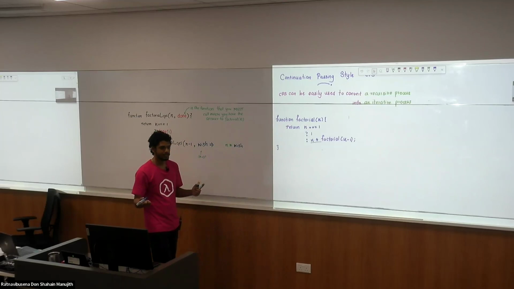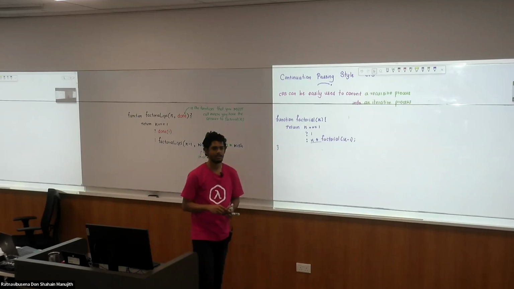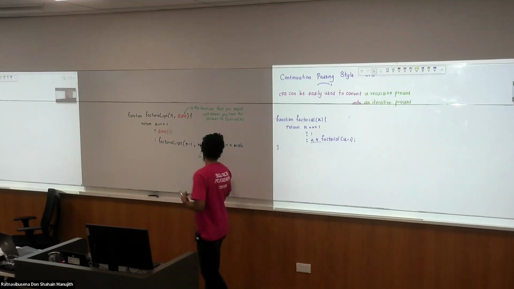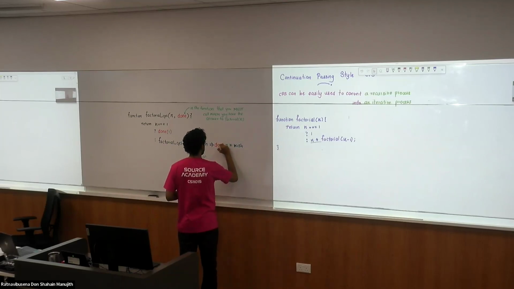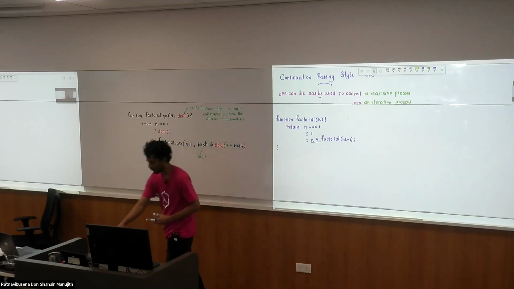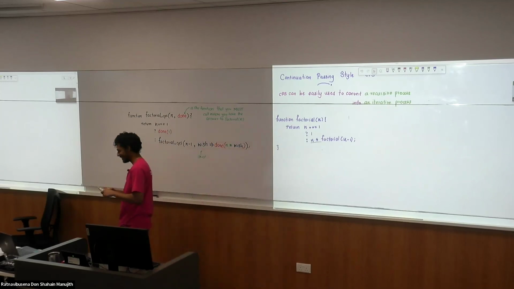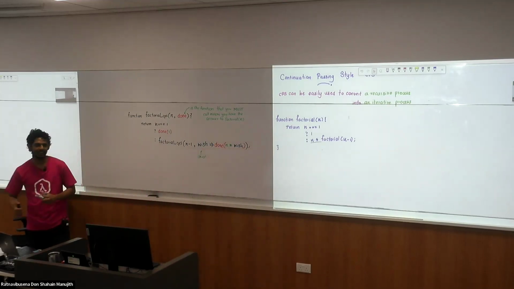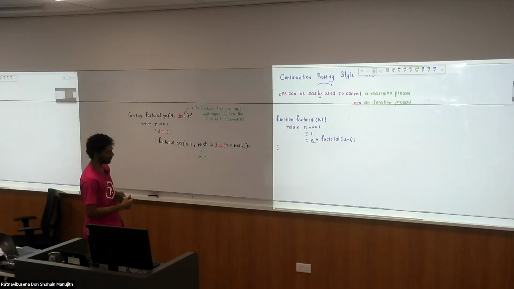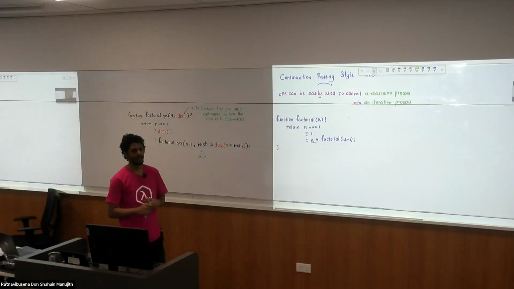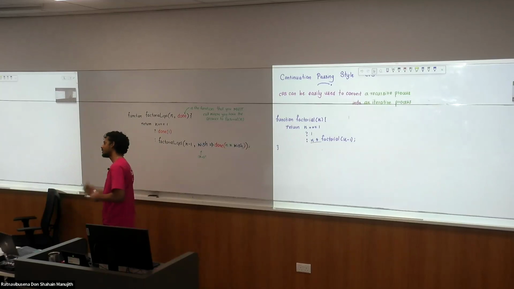Then we must call done. Done. That's all. That's how you actually convert any recursive process generating function to an iterative process generating function just by using this formula.